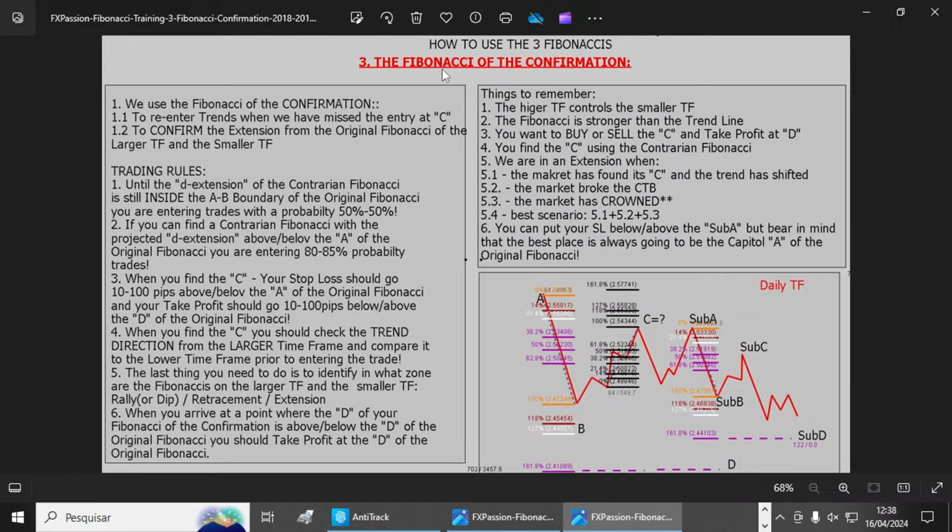The Fibonacci of the confirmation. This is generally what traders like the most. We use the Fibonacci of the confirmation to re-enter trends when we have missed the entry at the capital C on any time frame. Which time frame should we use contrarian? It's up to you.